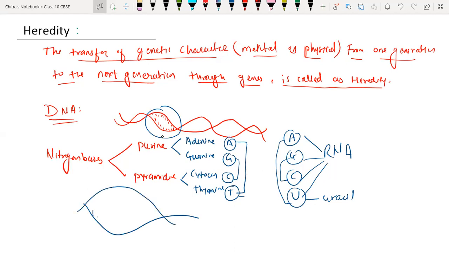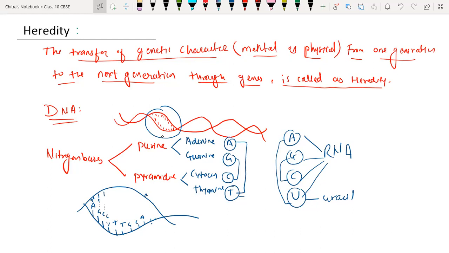Here we have a nitrogen base sequence: adenine, guanine, cytosine, cytosine, thymine, thymine, guanine, cytosine, adenine. These are the sequences. This is one strand of DNA, and this is the second strand. Where we have adenine, thymine will come, since adenine forms a bond with thymine. Where we have guanine, cytosine will come, with a hydrogen bond between them.